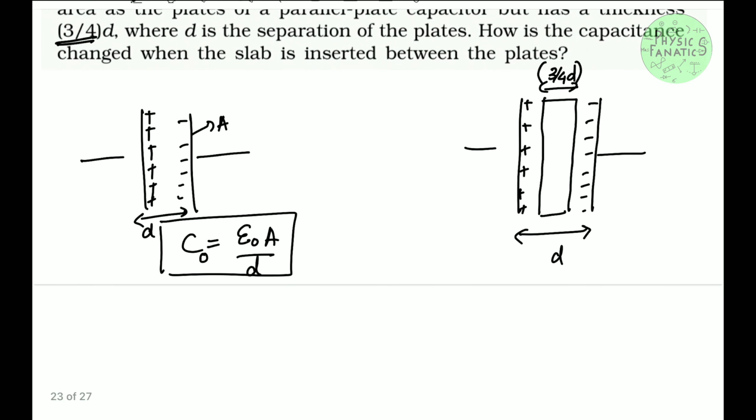So how will the capacitance change? I know whenever a dielectric of thickness t is inserted with the same area of cross section between my plates, the capacitance, let me call it C dash, comes out to be epsilon naught times A upon d minus t plus t upon K.